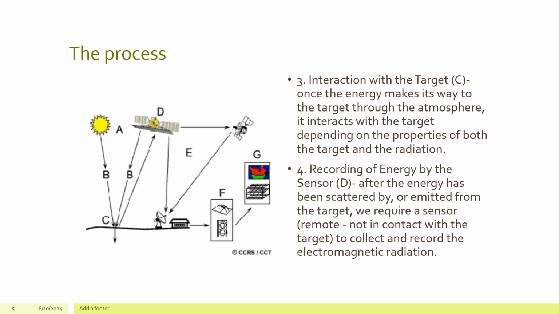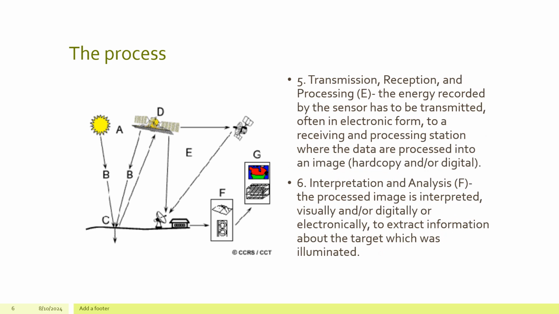Even with our eyes, what we're seeing is the reflected visible light spectrum, so we're doing this process all the time. We're recording that information with our eyes. Same thing we're doing with our systems.